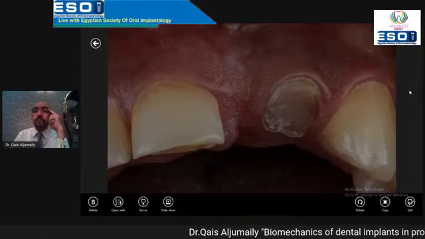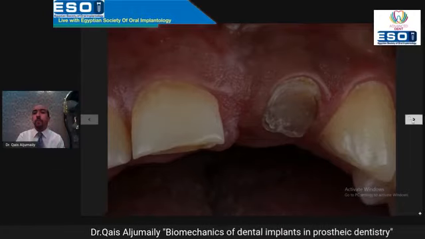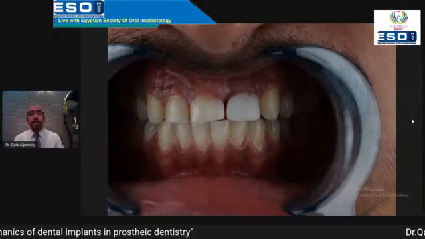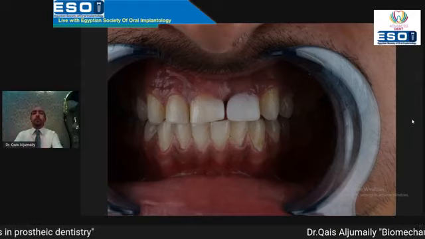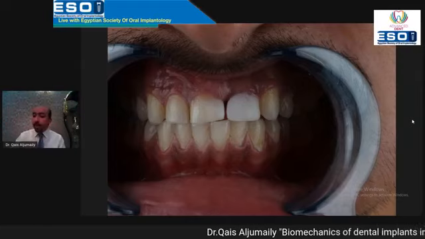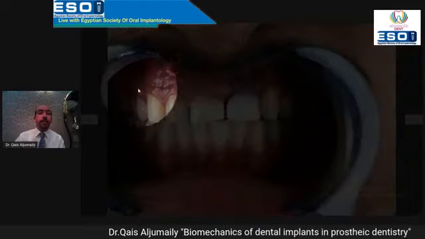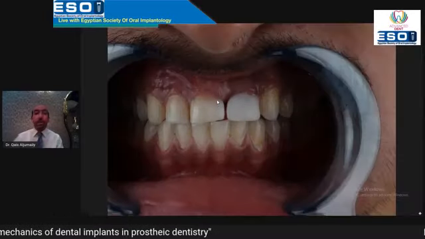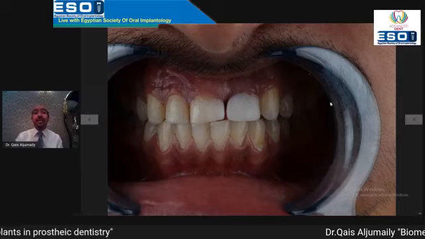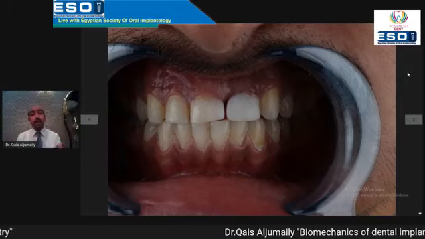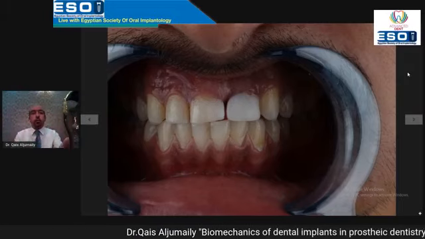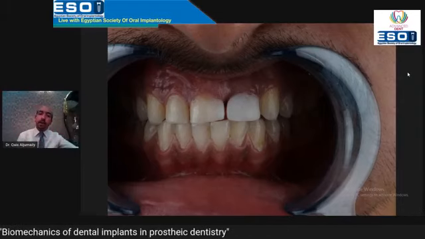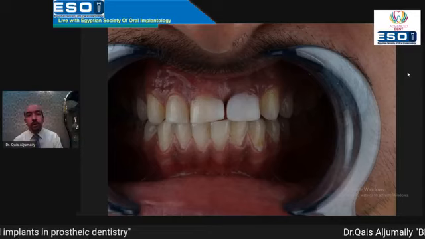So what I did was a mock-up, using a direct mock-up. I used composite. I put a composite over the root, and I put some composite even here on the mesial side of the central. I wanted to see what will happen if I just did crown lengthening and core build-up, if I put just a crown over the lateral, and if I did a layering composite to the adjacent.